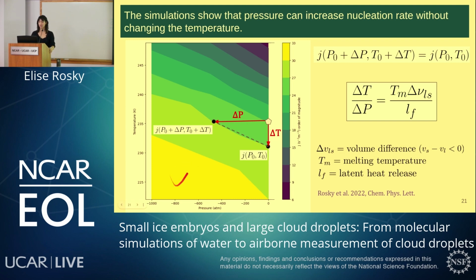And then you solve for the slope of these contours, delta T over delta P, so we can get a sense of the temperature-pressure relation for ice nucleation rate. And the slope is roughly linear. We've approximated it as linear in this pressure range. And it's dependent on the melting point, the volume difference between liquid water and ice, and the latent heat release.